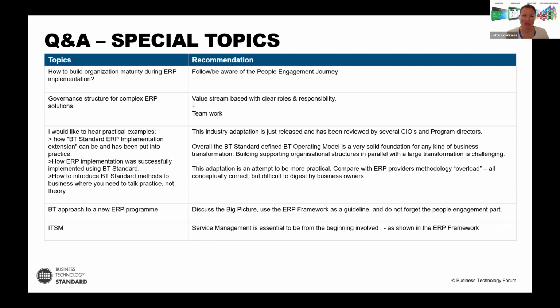Then how BT Standard ERP Implementation extension can be and has been put into practice. Well, here it has been reviewed by several CIOs and program directors, and how to then approach putting it into practice. Yeah, it's just released.